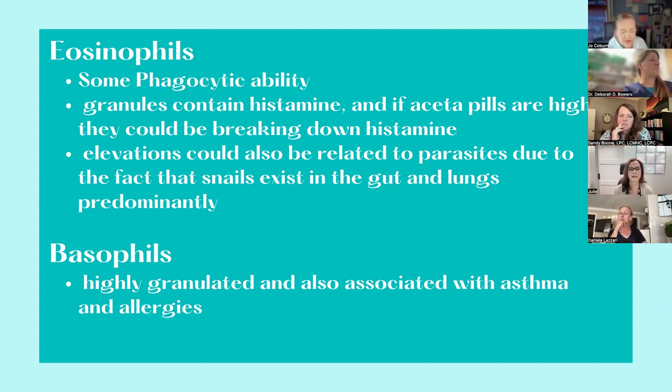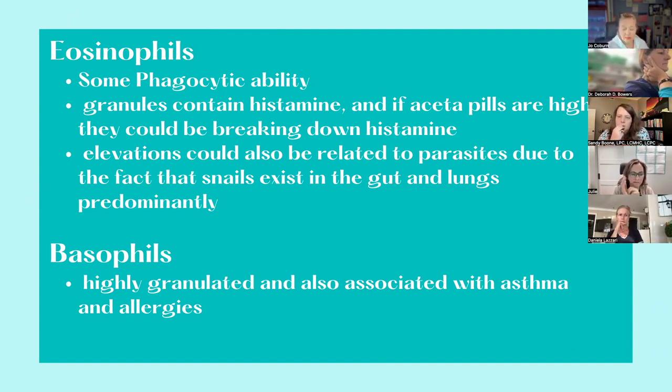You can also see correlations between high histamine and B6 deficiency. B6 deficiency will cause DAO to break down, which will cause an increased amount of histamine, which is going to cause an increase in eosinophils.